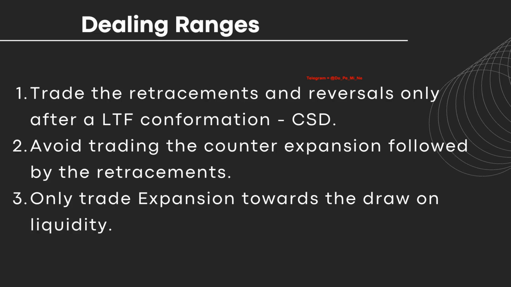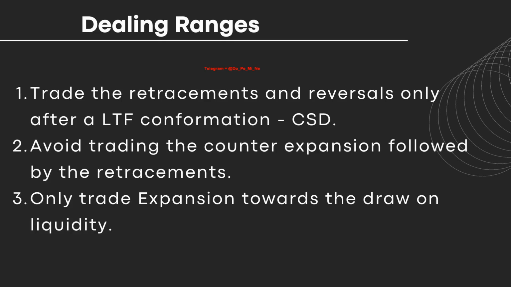and increases the probability. Now, the second point is that you should avoid trading the counter expansions followed by the retracement. For example, if we are in a bullish dealing range, and let's say we react to a premium key level and we have a retracement, the most likely scenario for price is another expansion lower towards a discount key level before moving higher.